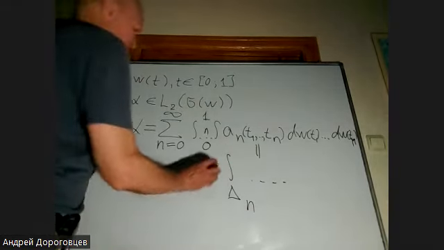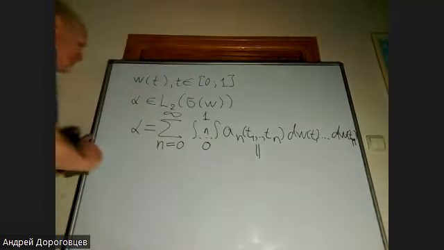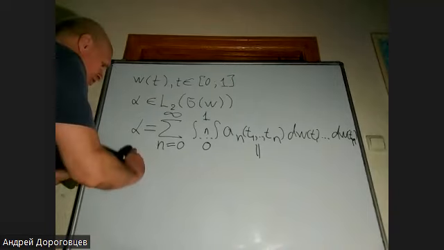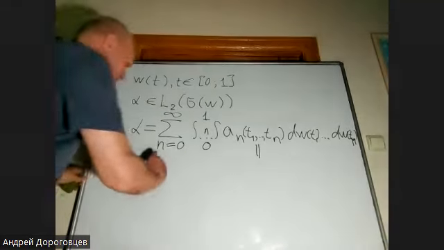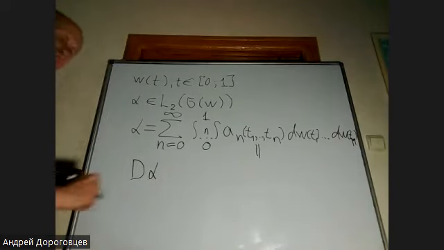After we have such Wiener expansion, we defined stochastic derivative of the random variable alpha. It is a random function now.